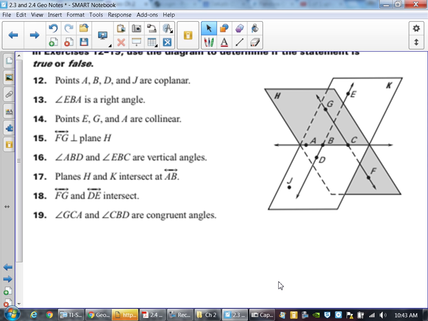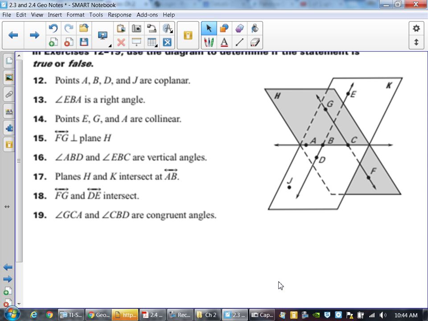Coplanar would be same plane. Collinear would be same line. A lot of this goes back to your definitions from chapter 1 that you have to remember. So points A, B, D, and J are all in the same plane. Yes. Everybody okay with that?